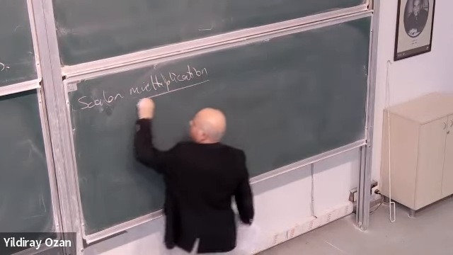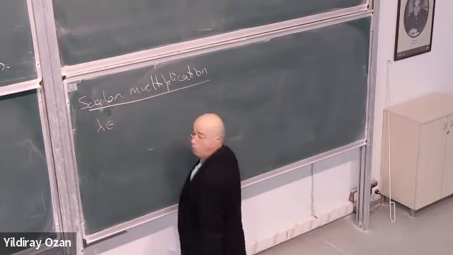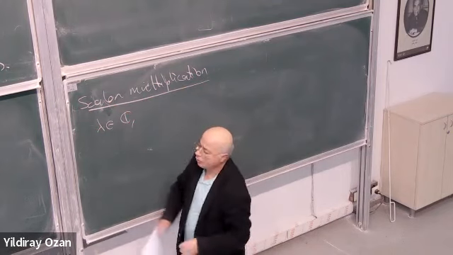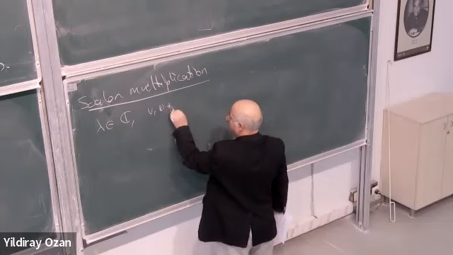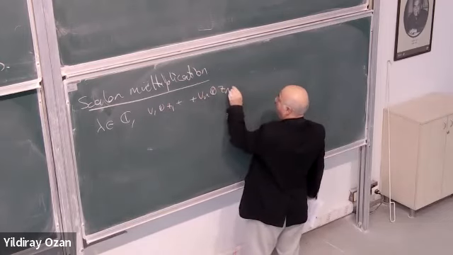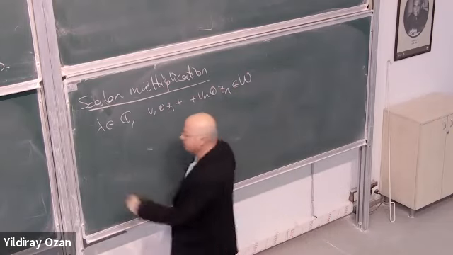So what we mean by that: whenever I have a complex number and an element of W, say v1 tensor z1 plus ... plus vn tensor zn in W, I have to tell you how I multiply them.